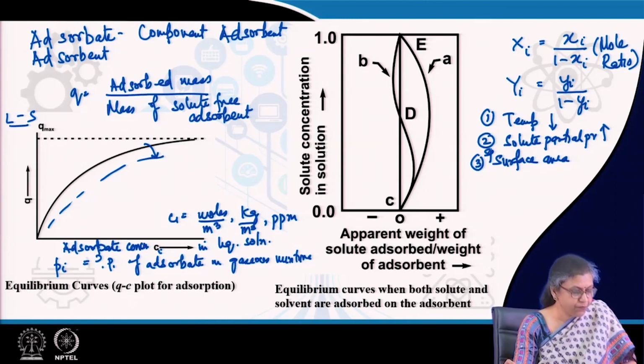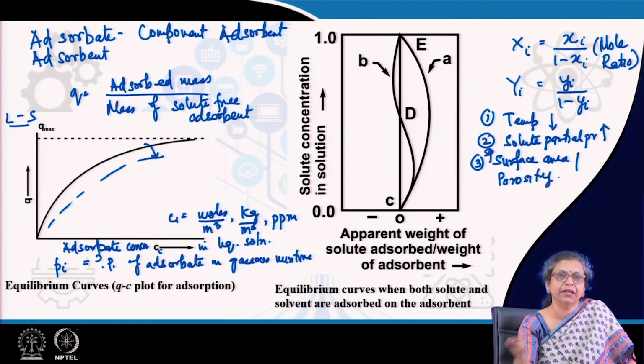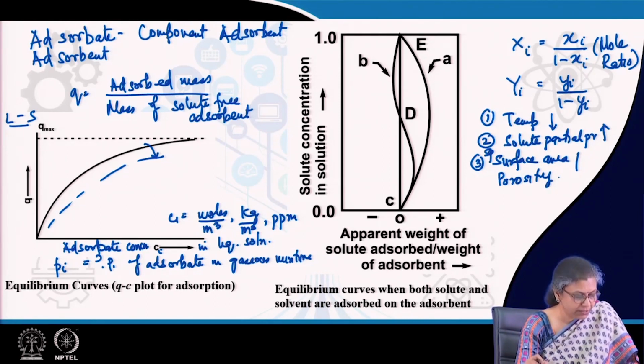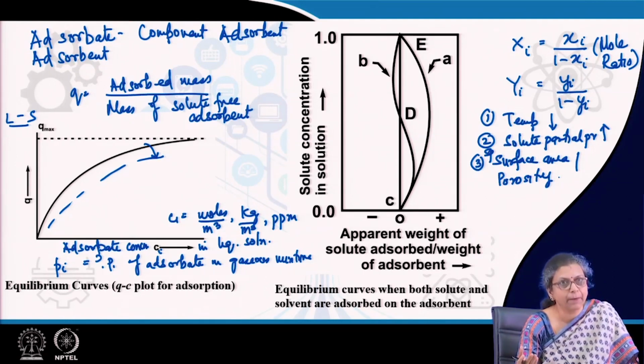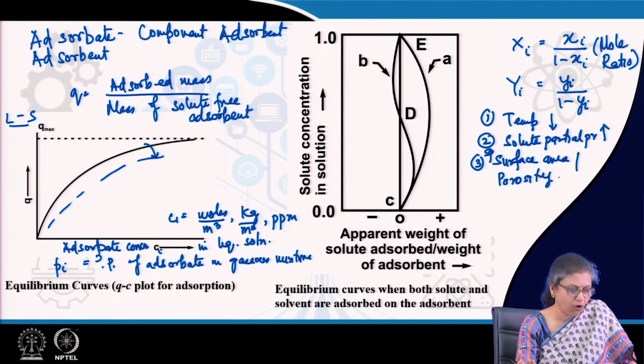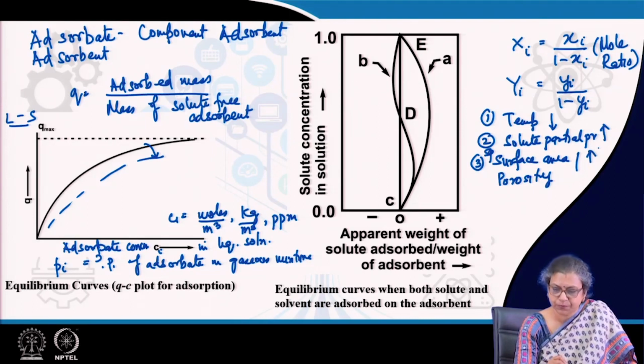So, if we increase the specific surface area or the porosity of the medium, naturally the total area available for adsorption increases, and so whenever we go for higher porosity it ensures higher specific surface area. Therefore, larger adsorption capacity per unit weight of the adsorbent, or in other words, this also increases Q.